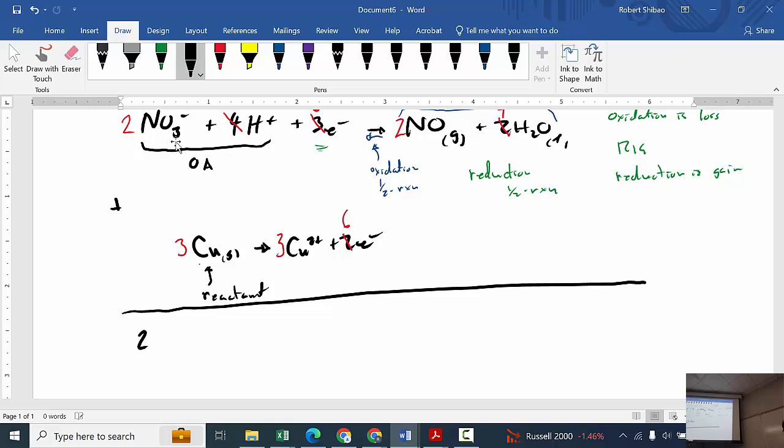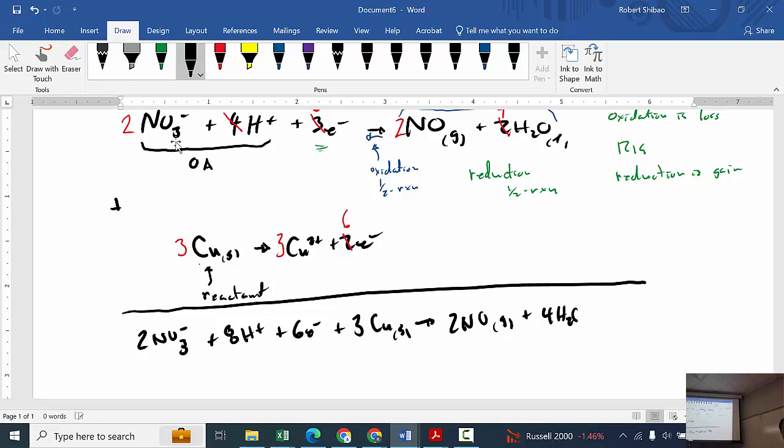And so we end up with 2 nitrates plus 8 H plus, 6 electrons, plus, I add everything on the reactant side, plus 3 copper solids. And then I'll add everything on the product side, 2 NO gas plus 4 H2O liquid plus 3 Cu2 plus plus 6 electrons.